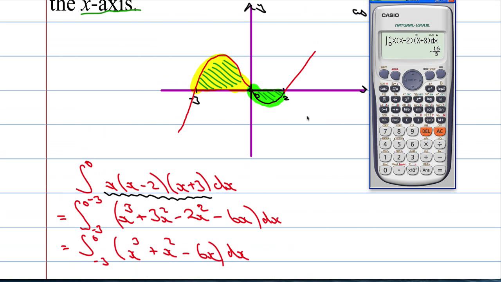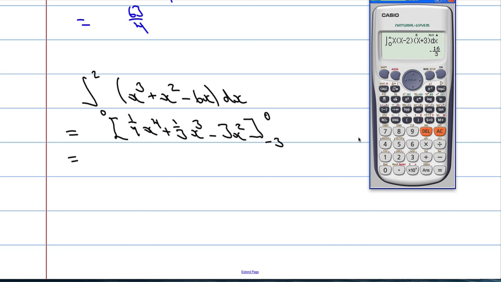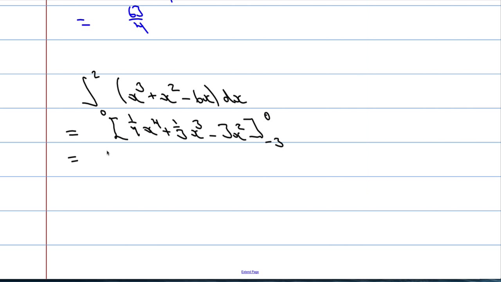We get a negative number, and the only reason it's negative is because it's underneath the x-axis. So we have to treat the area as a positive number, so we're going to take the absolute value of that, not use negative 16 over 3. We're going to use positive 16 over 3.